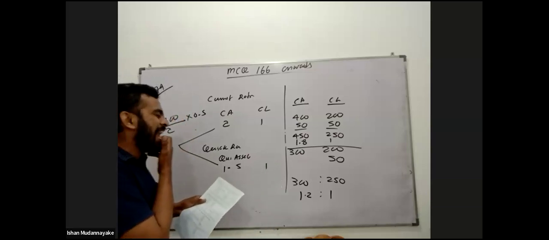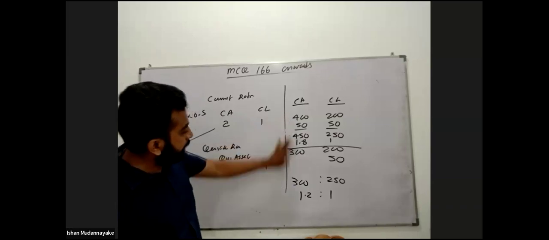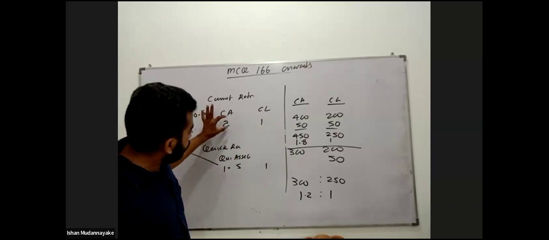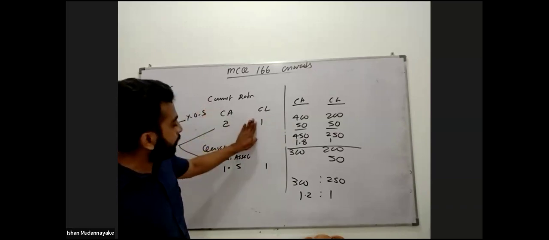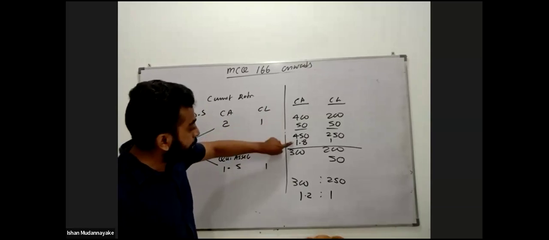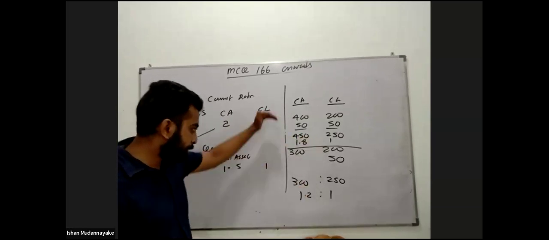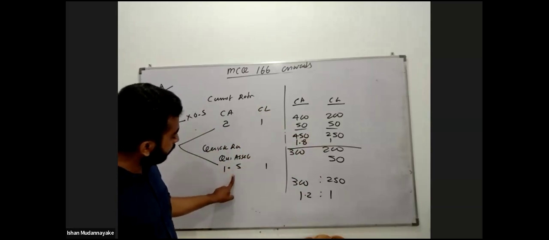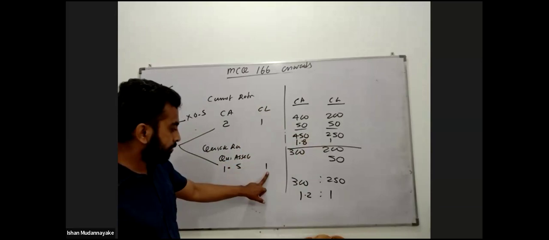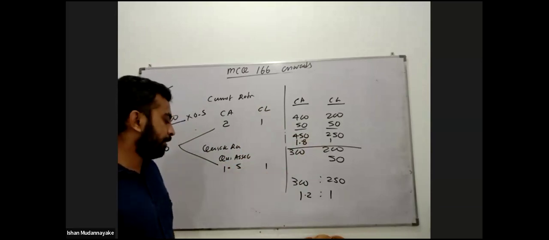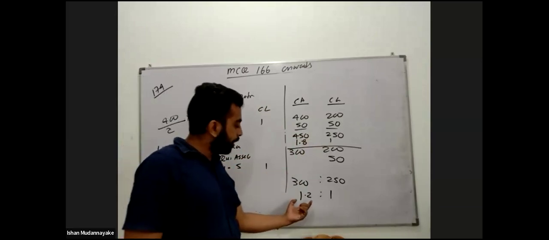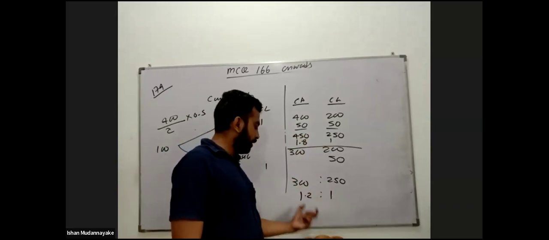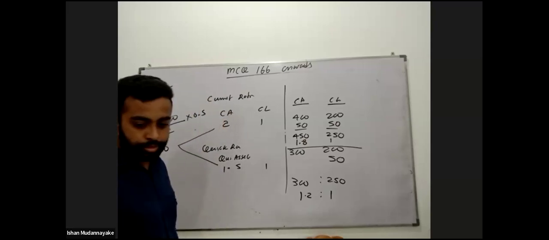After recording this 50 invoice, the current ratio decreases from 2 to 1.8 with current liability 1. The previous quick ratio was 1.5 to 1, but after recording this 50 invoice, 300 divided by 250 means 1.2 to 1, so the quick ratio also decreases.